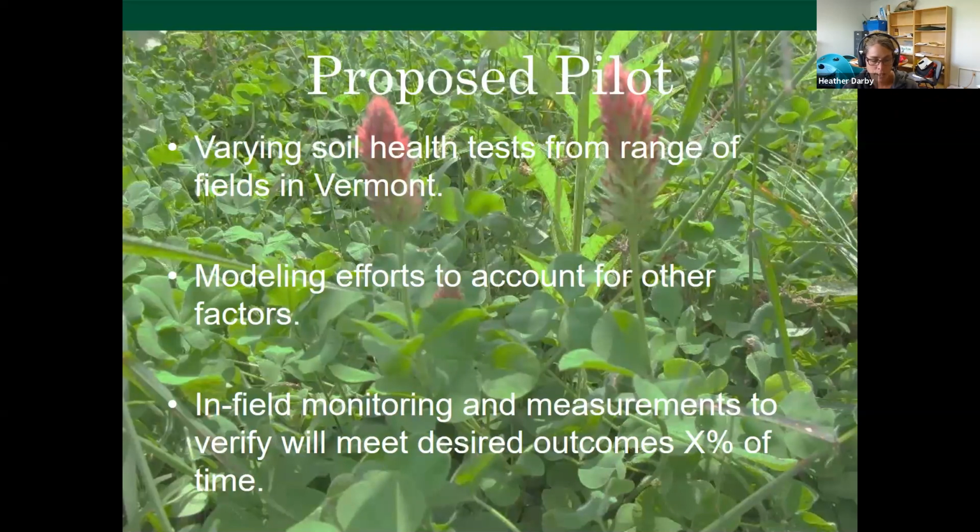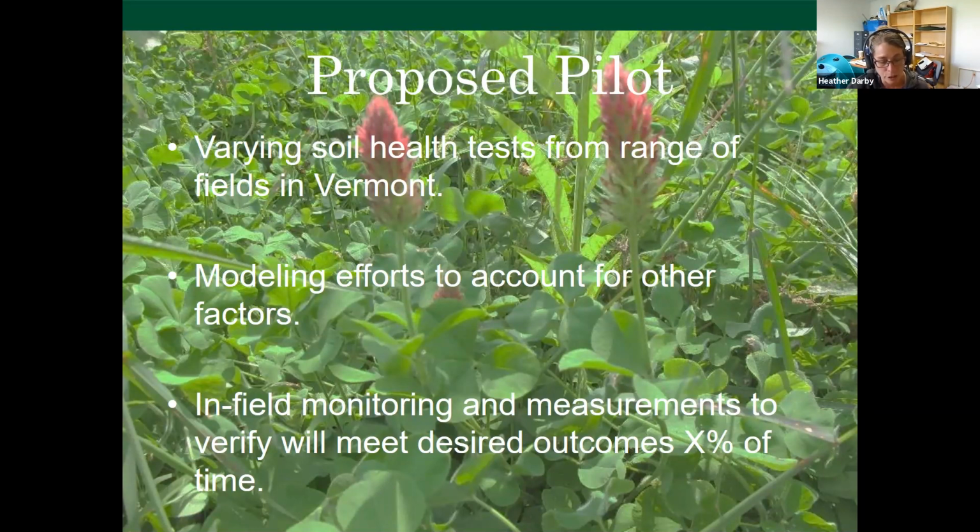I don't think we want to get years down the road just using the Cornell soil health test without this verification piece. And personally, I feel like this is where we need to start. It's not a built-out proposed pilot, but I think this is something that we could probably start on right away this coming season.